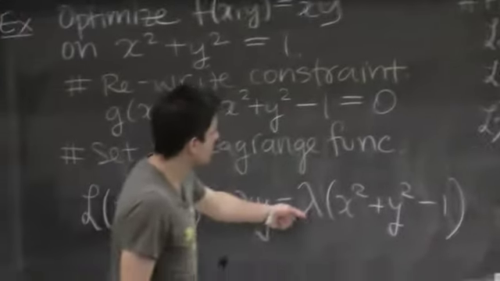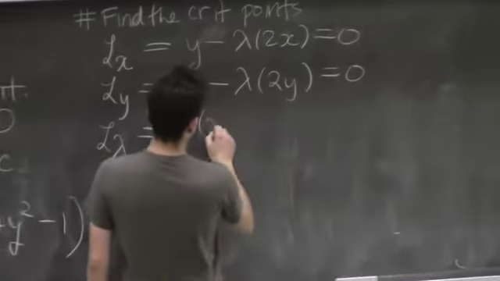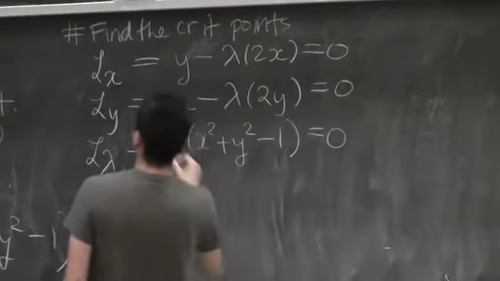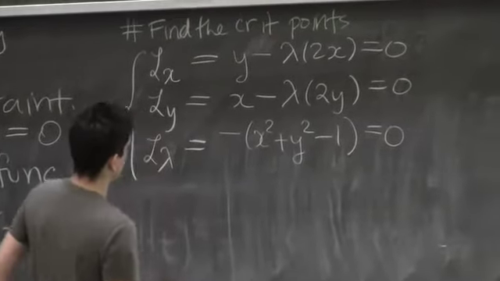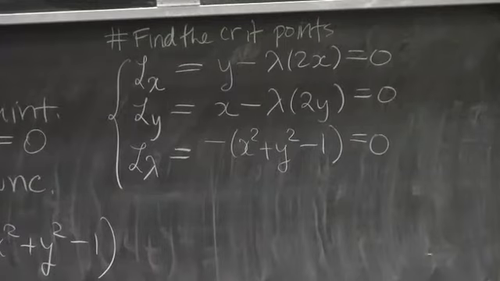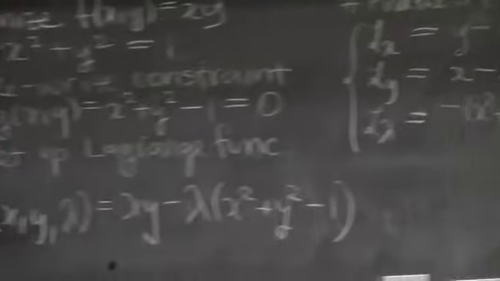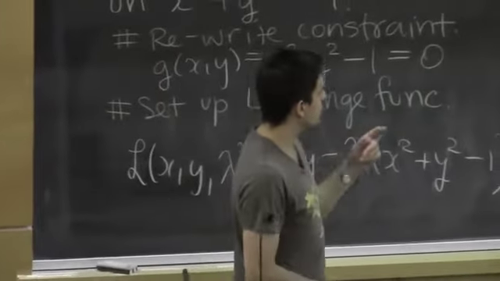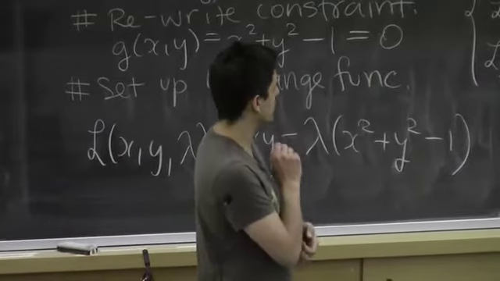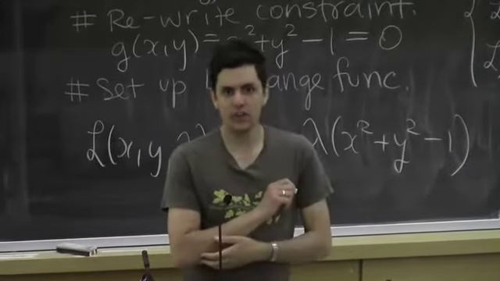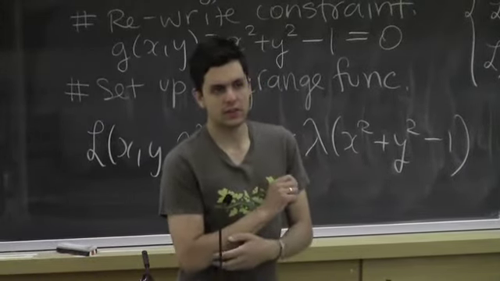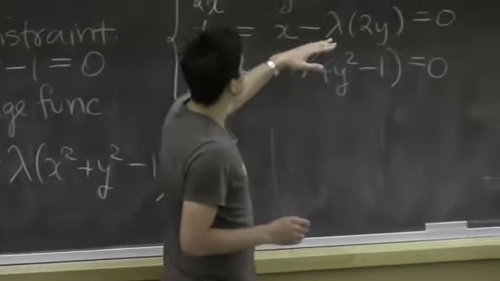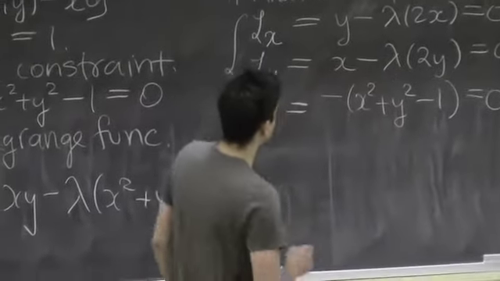And then this last one, we just get our constraint back. So there are our conditions for being a critical point. One of the things that makes this method a little tricky is that the equations you get are often nonlinear, so it's often tricky to find the critical point given this setup.